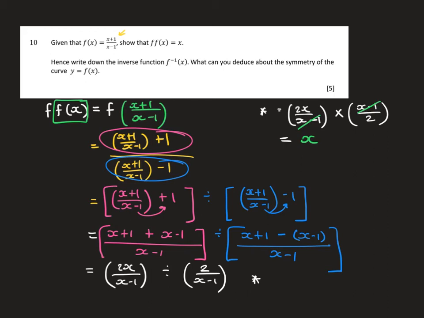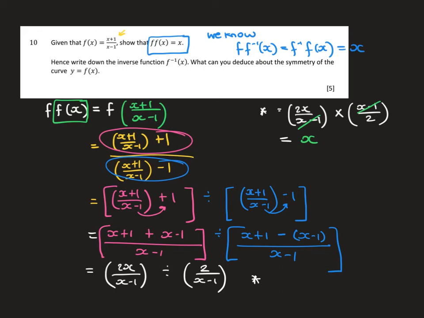Now, hence write down the inverse function f minus 1 of x. Now, a lot of you went through the whole process of algebra of finding the inverse function, but you don't have to do that. Use this fact here. We know if you apply a function and its inverse in either order, like this, you always get back to x.